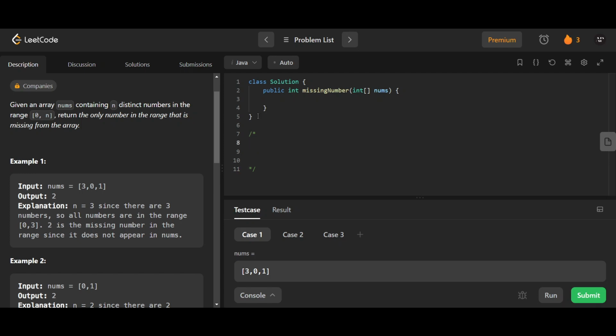So the length of the array equals n and numbers are in range 0 to n. So basically out of these n plus 1 numbers, n numbers are present in the array.